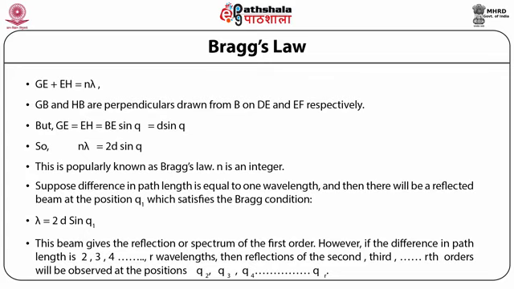However, if the difference in path length is 2, 3, 4, etc. wavelengths, then reflections of the second, third, rth orders will be observed at the positions theta 2, theta 3, theta 4, etc., theta r.